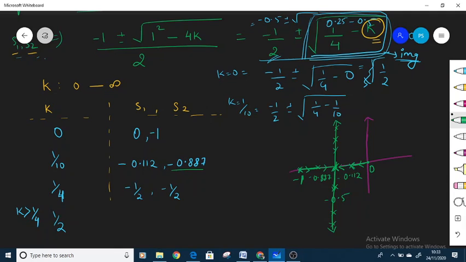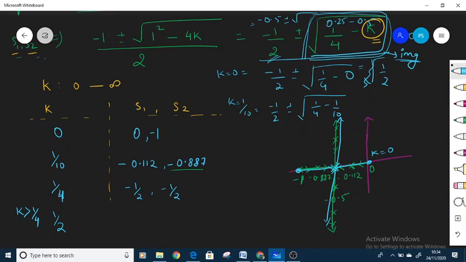So actually what has happened is that when the value of k was equal to 0, there were two different poles. After a point, these two poles came and collided at the same point, and after this point has been achieved, one pole went to positive infinity and another pole went to negative infinity.